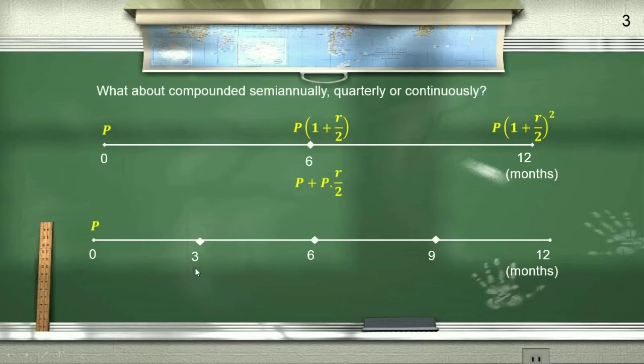So at the end of this period, our capital P becomes P times (1 + r/4), because the interest is compounded quarterly. So we have to divide it by 4. 4 means we divide 1 year by 4. So that's why we use r over 4.